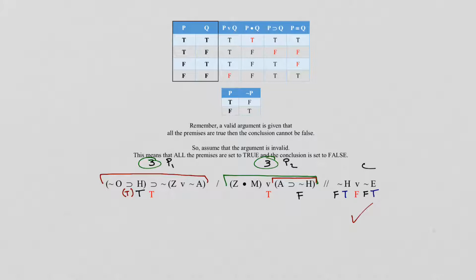Now we're still at a conditional because right here is our conditional. And now we have a true as our antecedent. Now, is it consistent? No. But remember, we need to make this true.